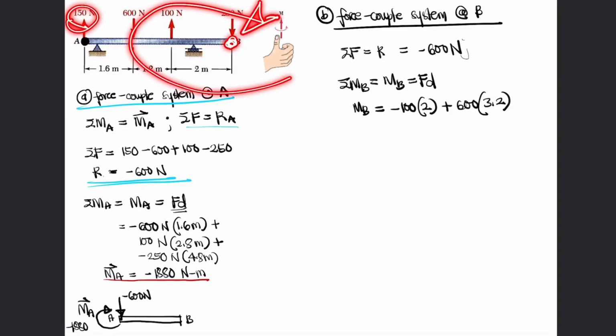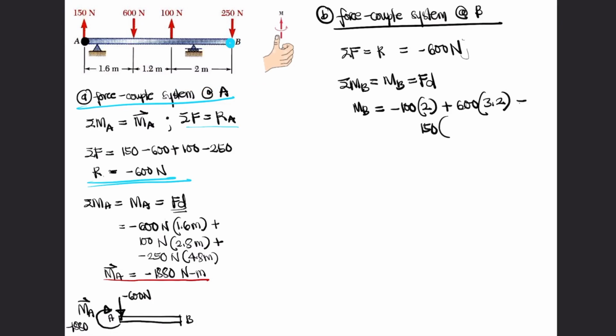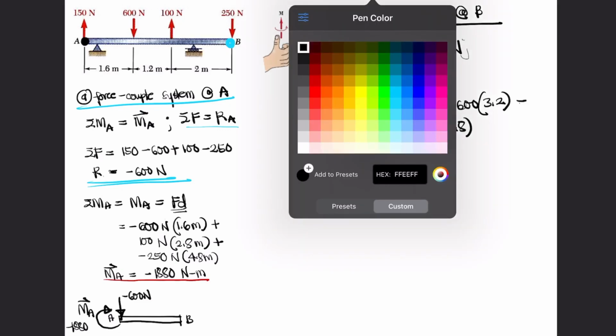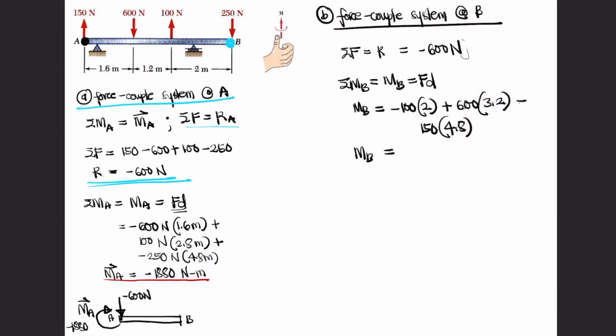Again, your thumb is pointing towards point B, negative 150 times 4.8, or M sub B is equal to negative, plus 600 times 2 minus 150 times, positive.